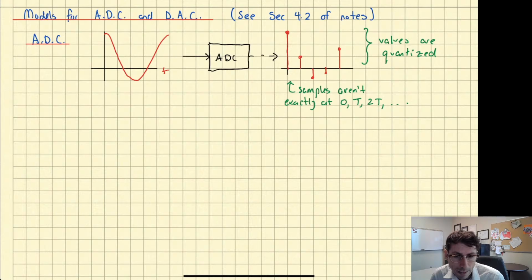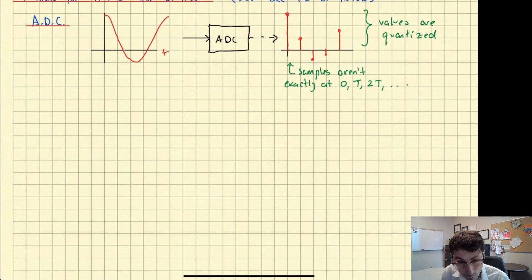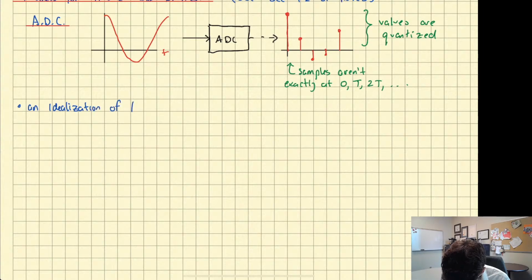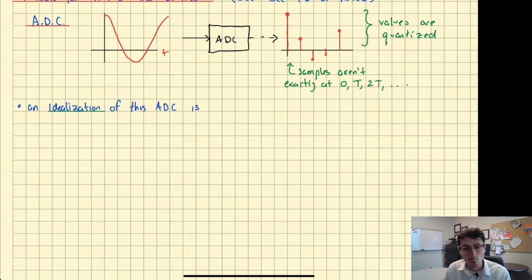Okay, and so a simple mathematical model for this sort of system, an idealization, is the following, and this is the way we'll treat this ADC in this course. An idealization of this ADC is the following block diagram, where you replace the ADC with two blocks.